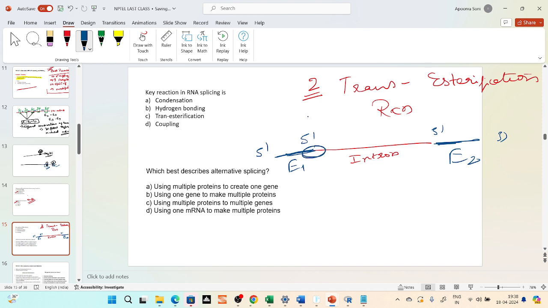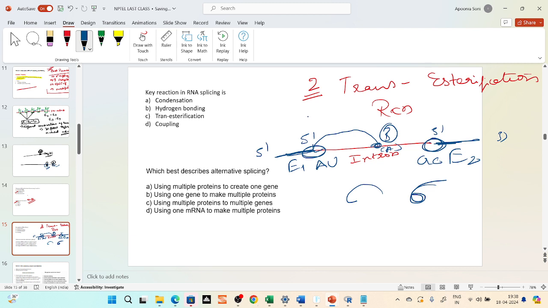This and this junction. And in between somewhere we have a branch point. Here we have AU, here we have GC. So first this branch point will attack here. In branch point we have an A. And there is a lariat formation, and then this formed lariat will attack at the 3' end, and in a complete lariat form, your intron is removed.